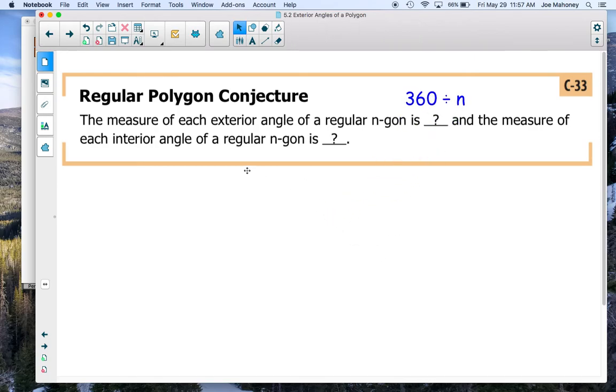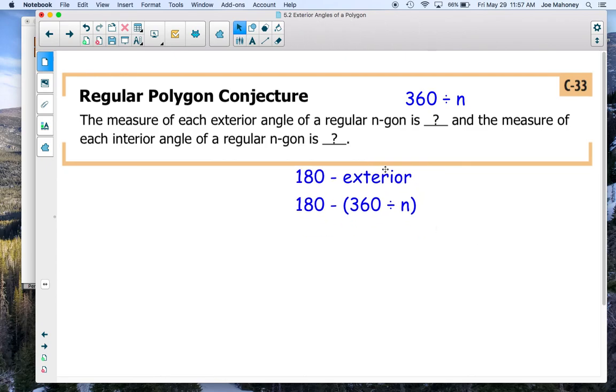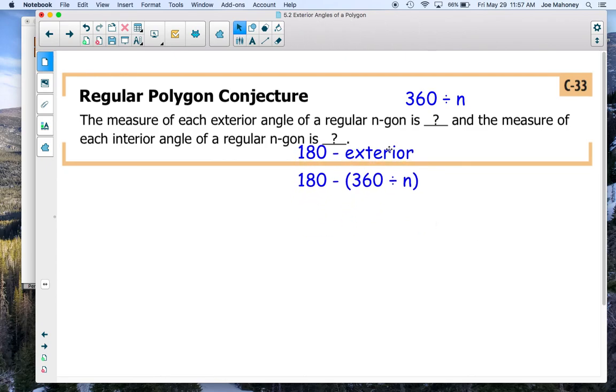And then to get the interior angle, it's going to be 180 minus that exterior angle. Or you can say 180 minus 360 divided by n. And that would be the measure of the interior angle. So hopefully this helped you find the measures of exterior and interior angles of polygons.